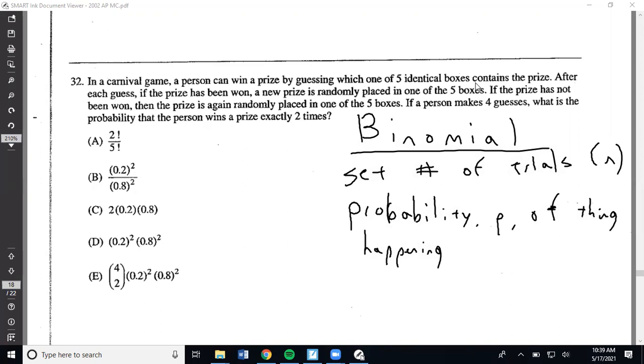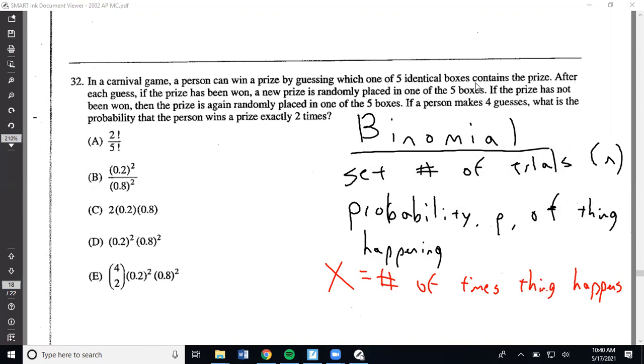And the variable for a binomial distribution is the number of times that the thing happens. That is our variable in a binomial distribution.